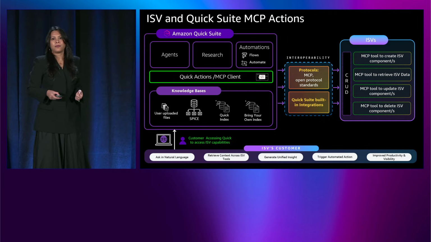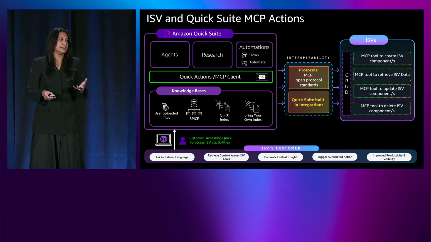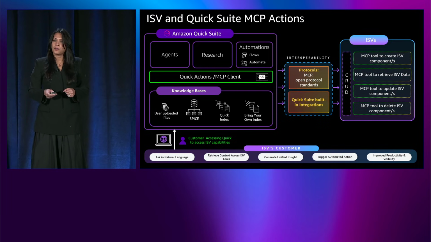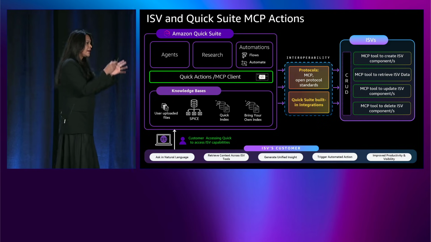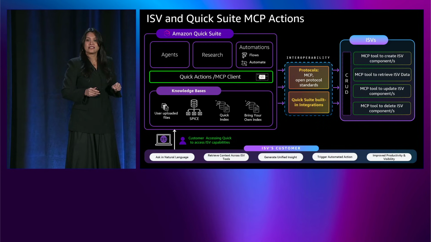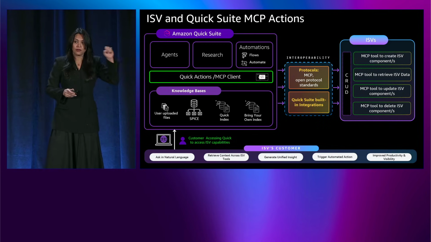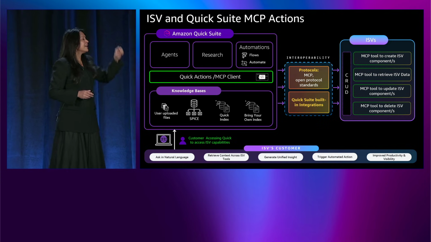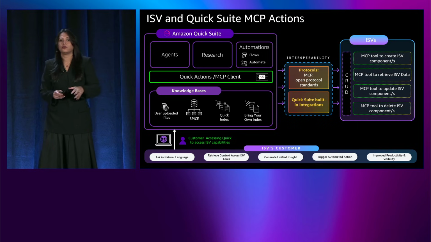Your tools can map back to your operations, CRUD operations, create, update, delete type of operations. Once you have the MCP tools as well as agents on your SaaS application, with the authorization of your customers, they can access those actions from within Amazon QuickSuite.